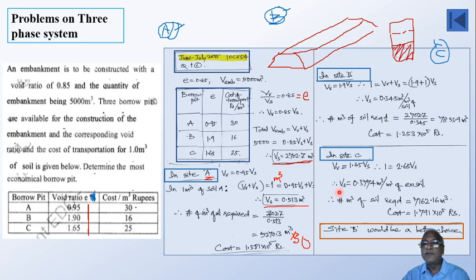So Vs becomes 0.3774 meter cube, meaning the volume of solids per meter cube of excavated soil from site C will be 0.3774. Now the number of meter cube of soil required from site C will be equal to 2702 divided by 0.3774.